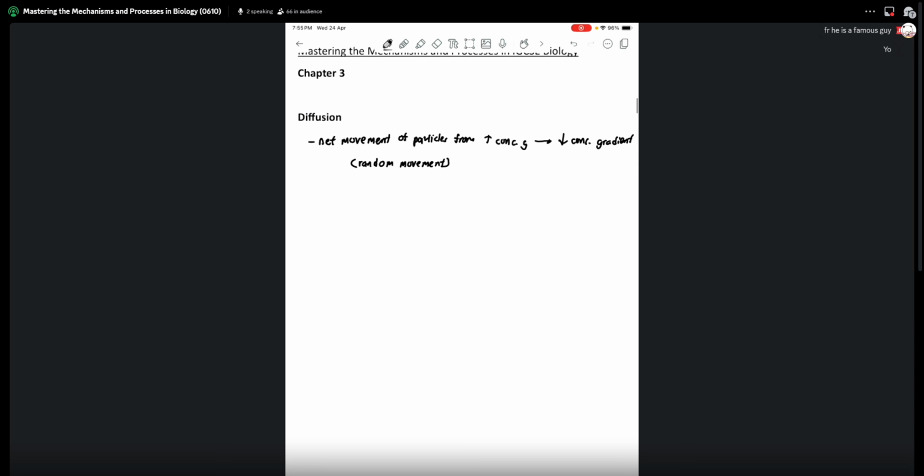I will show you one diagram of how this works. For example, if I have a beaker, and I assume that this is distilled water. Maybe I have a drop of blue color dye into this beaker, and it's going to be dissolved, not really dissolved, but it's going to start to mix in together.